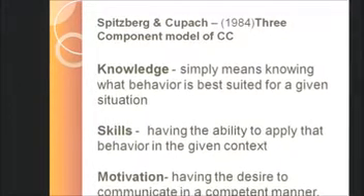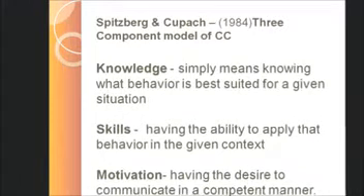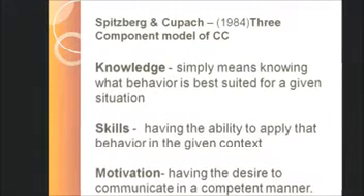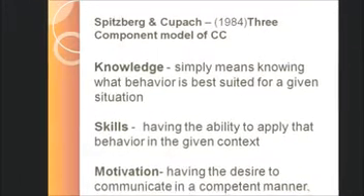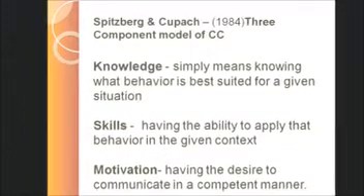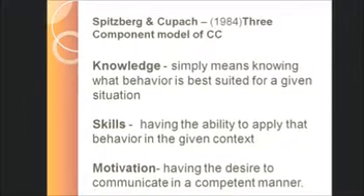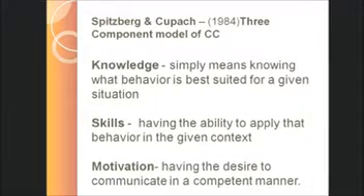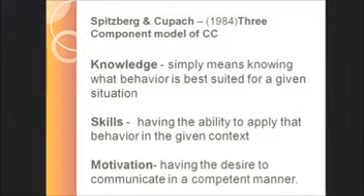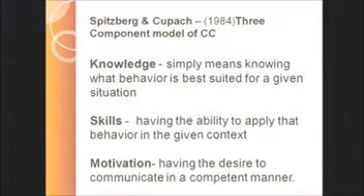These three go together to make a competent communicator. So you should have the knowledge, or the behavior best for the particular situation; the skills, the ability to apply the behavior in a given context; and the motivation, having a desire to communicate in a competent manner.